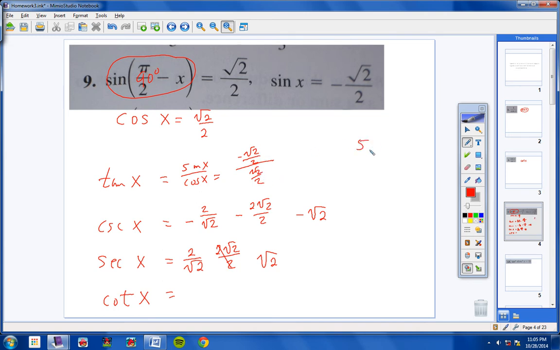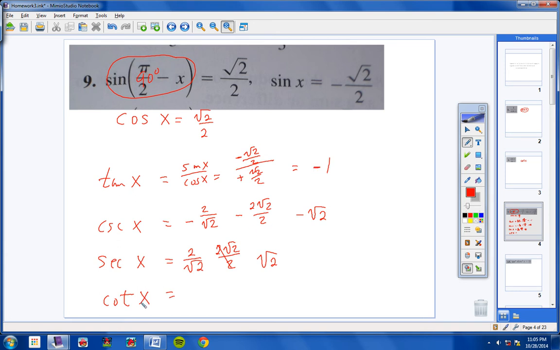If you have 5 million over 5 million, it's going to be 1. Anything over itself is 1. So square root of 2 over 2 over square root of 2 over 2 equals 1. However, there's a negative sign here, so negative divided by a positive is negative.